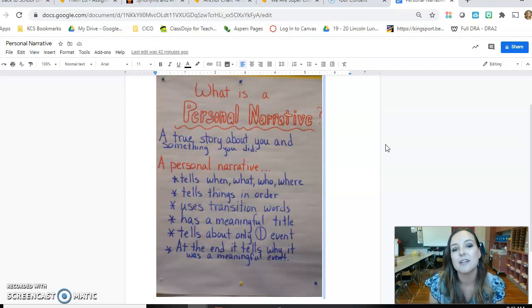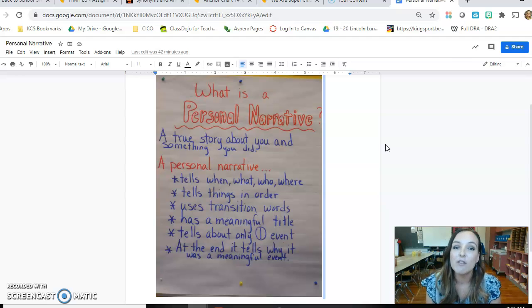So a personal narrative is a true story about you and something you did. So a personal narrative tells when, what, who, and where. It tells us things in order of how they happened. The personal narrative uses transition words. So those are words like first, next, then, and last.